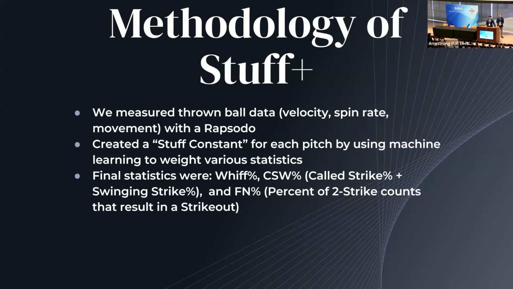For our final statistics, the stuff constant was a weighted average of whiff percentage, CSW percentage, which is called plus swinging strikes, as well as finishing percentage, a stat that we defined as the percentage of two-strike counts that result in a strikeout.